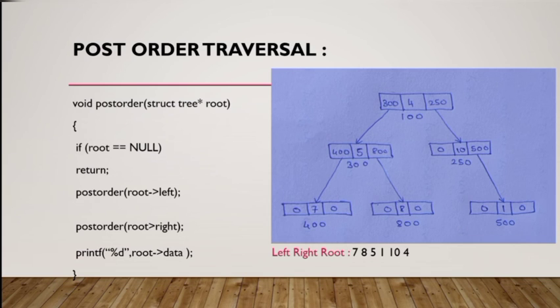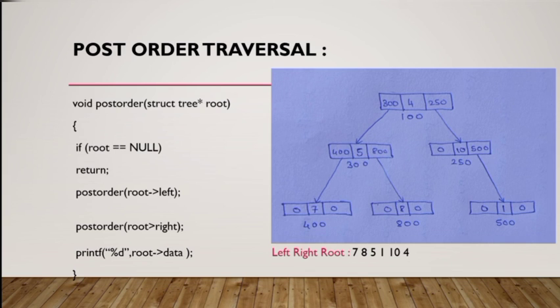If root equal to null, no, then the root of data, 800's data, 8, is printed. After that 0 is passed as input to the function. If root equal to null, yes, condition true, it returns to 300. Now the root of data, 300's data, 5, is printed, and then 0 is passed as input.